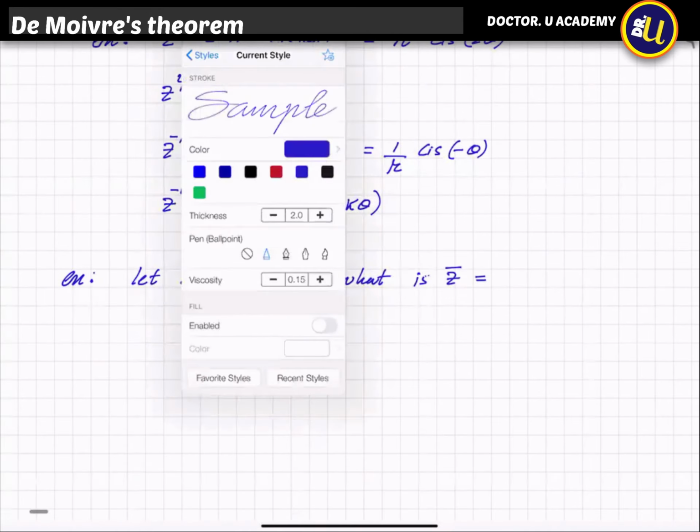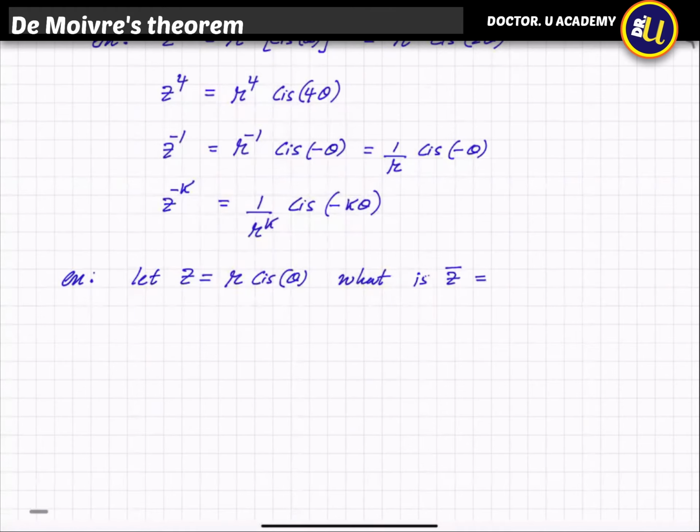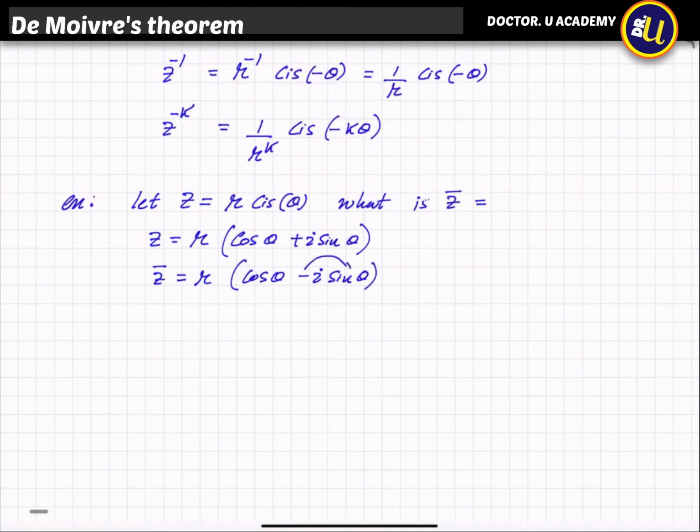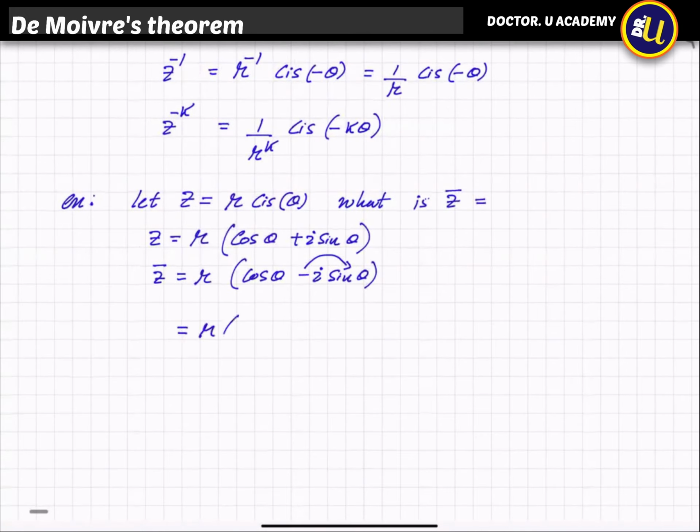Okay, so what you have to do here is find z bar. So first of all, we have to look at how z looks. You expand it, so r (cos theta plus i sin theta). So if you want to get the conjugate, that would be r (cos theta minus i sin theta). So what I will do is absorb this minus inside, so that would be r (cos theta plus i sin minus theta).